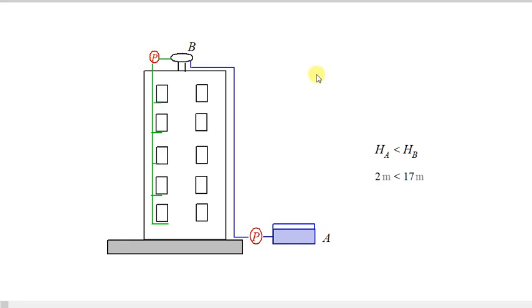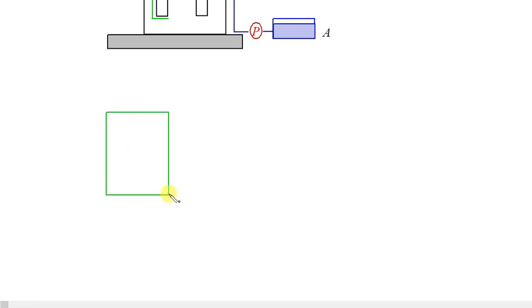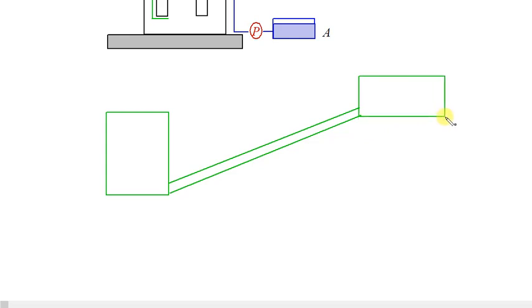So there are two reasons to use the pumps. The first one is to overcome the head difference, which means in normal condition water can't go up to the other reservoir if there is no pump. Unless we put a pump on the device, water can now flow in that direction.